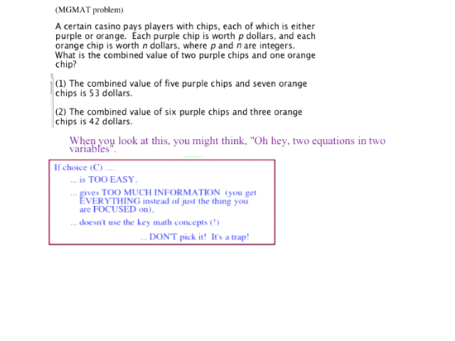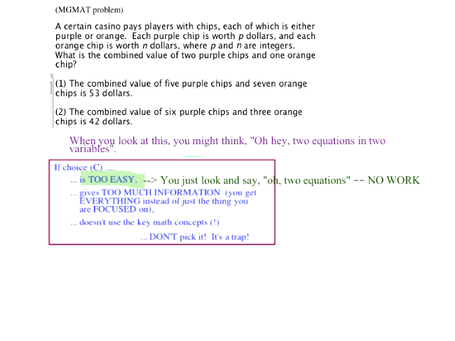It's going to be a trap, I promise you. So here, it's definitely too easy. You're just looking at it and saying, oh, 2 equations, and you're not doing any work.